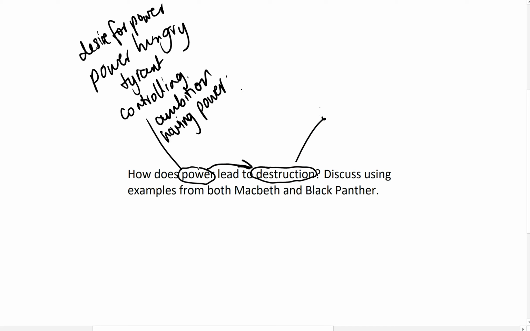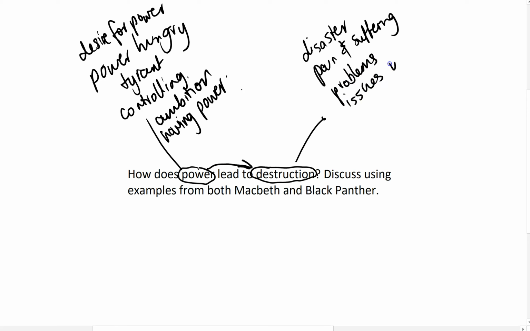And in terms of destruction, let's think, okay, so what other synonyms can we find? Disaster, pain and suffering. It leads to problems. Power leads to problems, issues, worries, negative consequences.